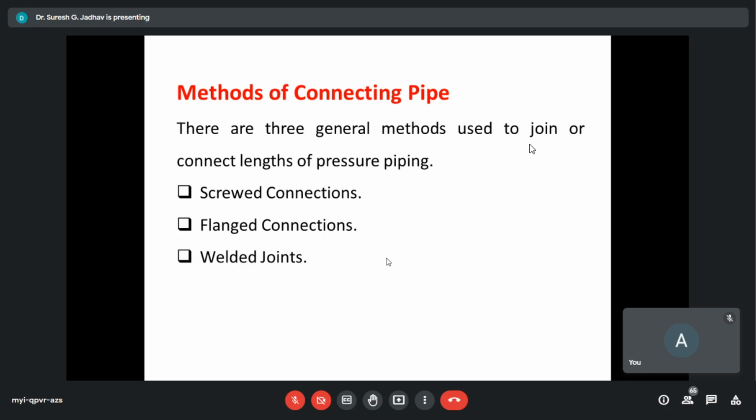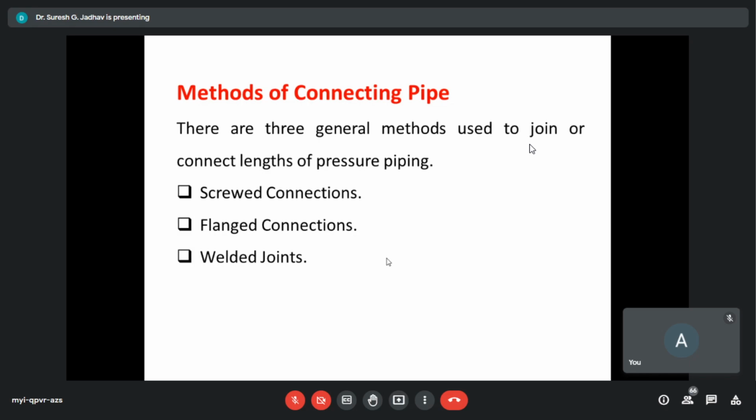Flange connections have the advantage over welded connections of permitting disassembly, and they are more convenient to assemble and disassemble than the screwed connections, in order to prevent leakage at flange connections. In the earlier method, there is leakage and strength of the pipe is reduced when threads are cut in the pipe wall.